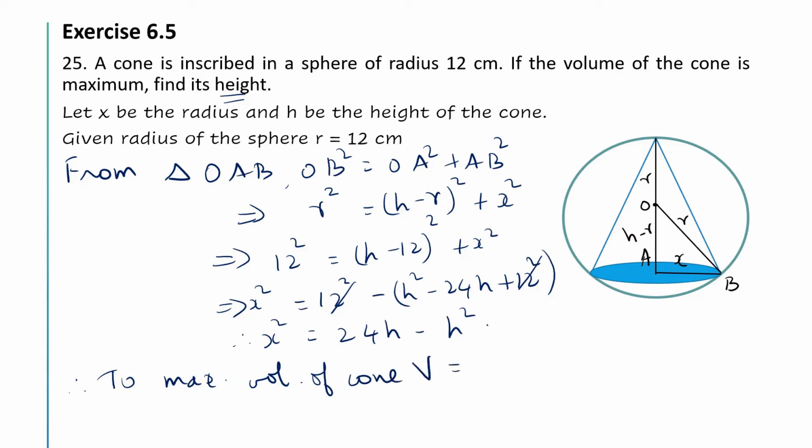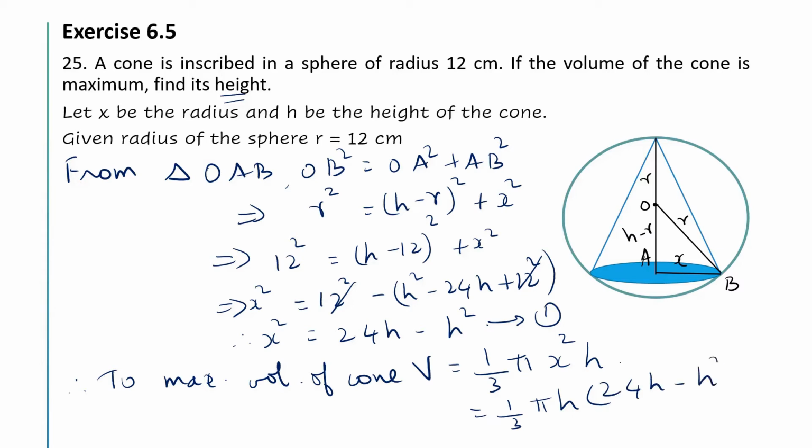Now volume of cone V is given by 1 by 3 pi into the radius square. Here the radius is x, so x square into height. So this is equal to 1 by 3 pi h into x square, which is 24h minus h square, from 1.